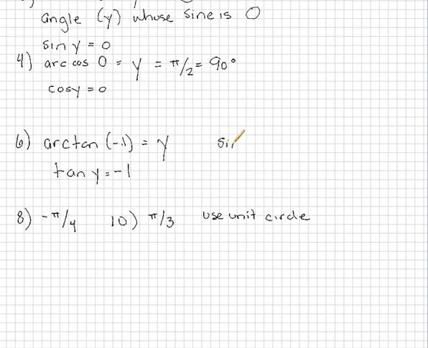So this is the same thing as saying sine y over cosine y is equal to -1, because tangent is a ratio of sine to cosine. And that's the same as saying that sine and cosine are really the same number, they're just opposite signs, and that's S-I-G-N-S, meaning one's negative and one's positive, but they're the same number.